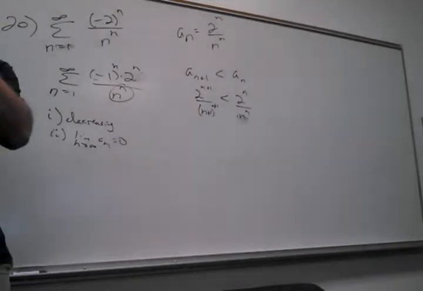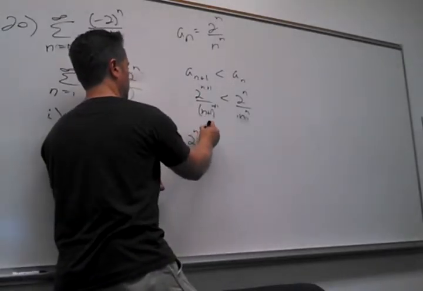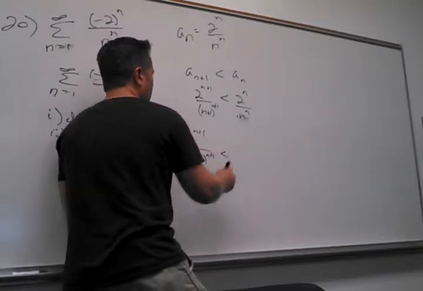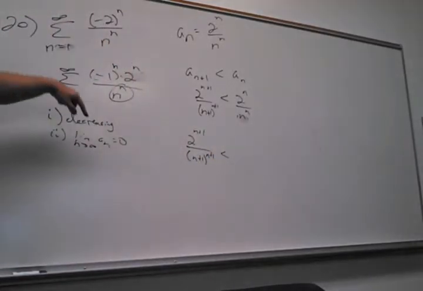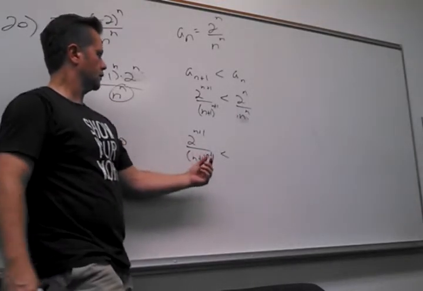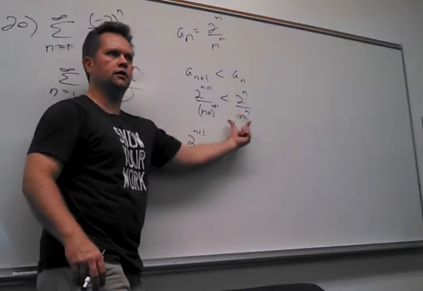So now, what's nice about this is if I start with this side here, 2 to the n plus 1 over n plus 1 to the n plus 1. What's definitely true about that bottom compared to my other bottom? Yeah, I want to make this bigger, and I want to make it look like this eventually.